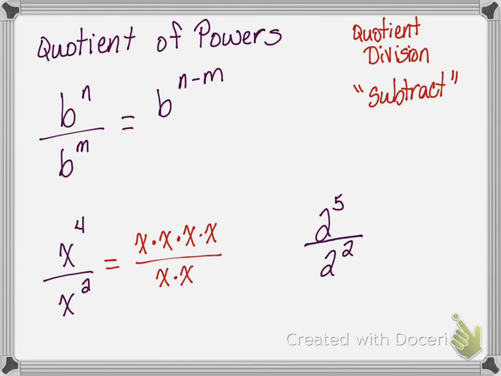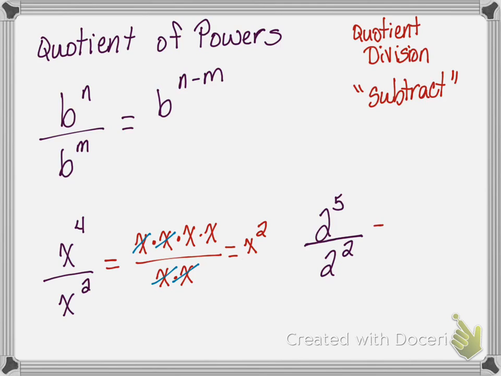Now, if we have something on the bottom and we have something on the top, what can I do? Cancel it out. Okay? So I am left with x squared. And that's x squared over 1. Do I have to write the 1? No, I don't have to write the 1. Okay? So it's x squared.